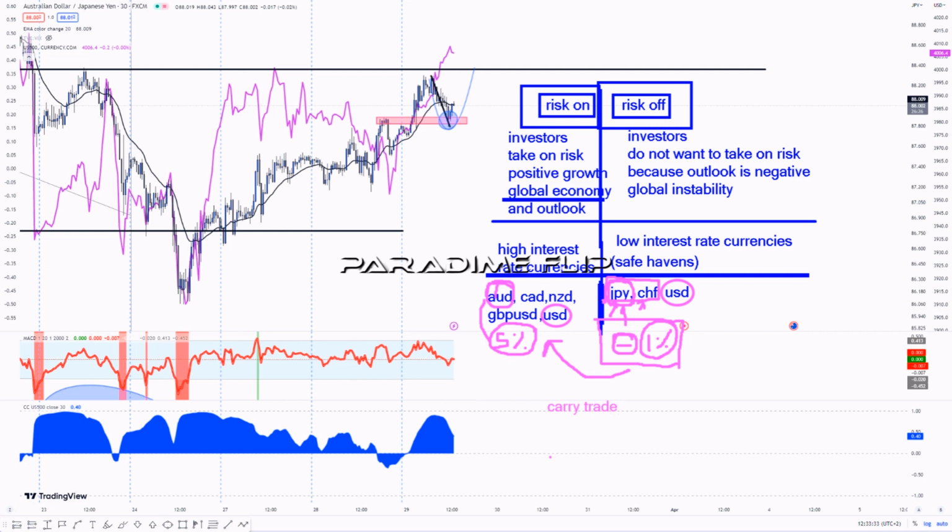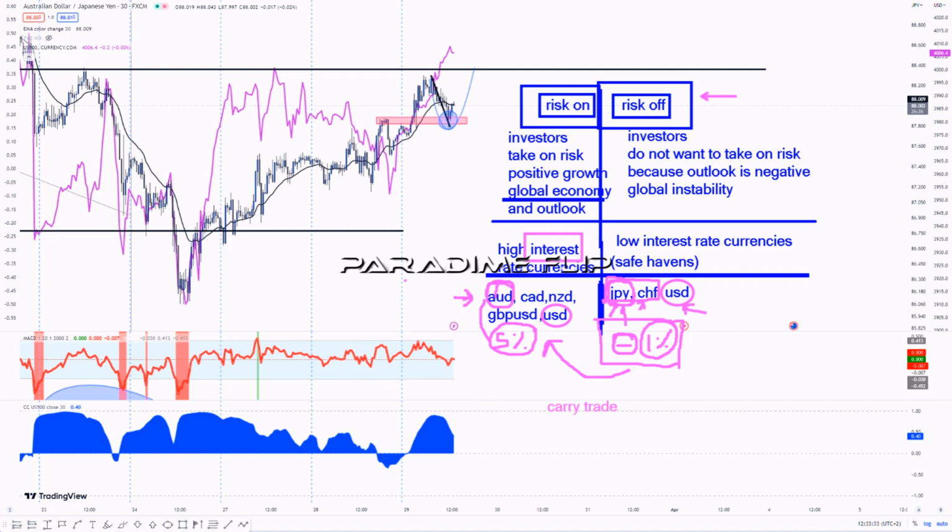Now, the opposite is also true in a risk-off environment. Yields tend to go down, and yields are basically your interest rates. If yields go down in a risk-off environment, then the interest rate on these high interest rate currencies will lose value faster than these ones.